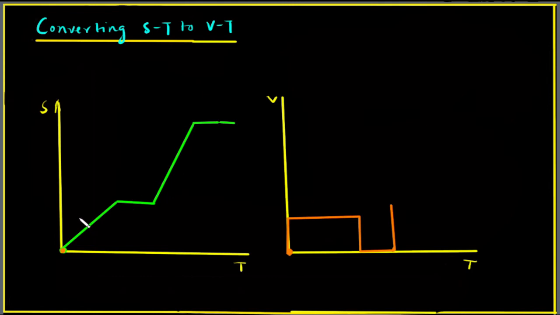For example, the velocity here was 2 meters per second. And the velocity here, since it is steeper than the one here, is going to be 3 meters per second, let's say. So the horizontal line here would represent 2 meters per second, and let's say the 3 meters per second mark is here.